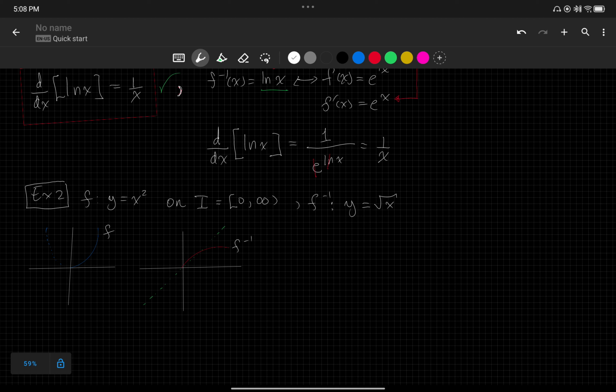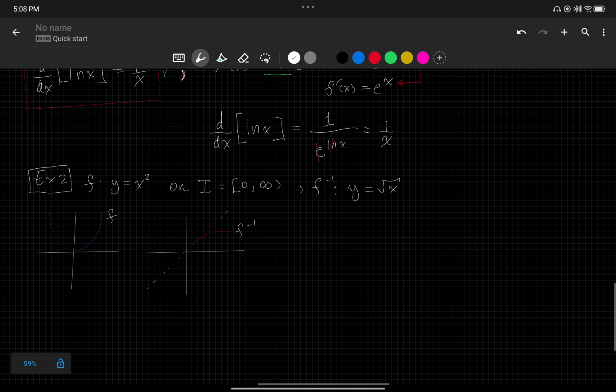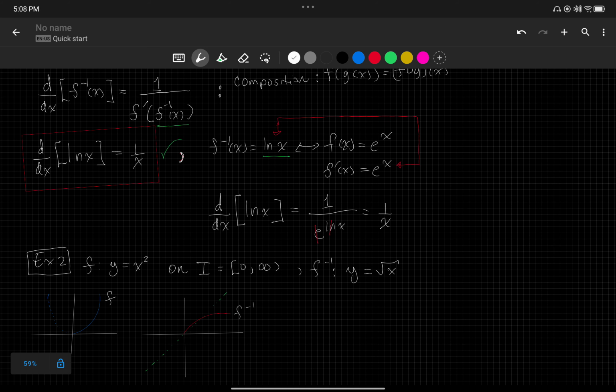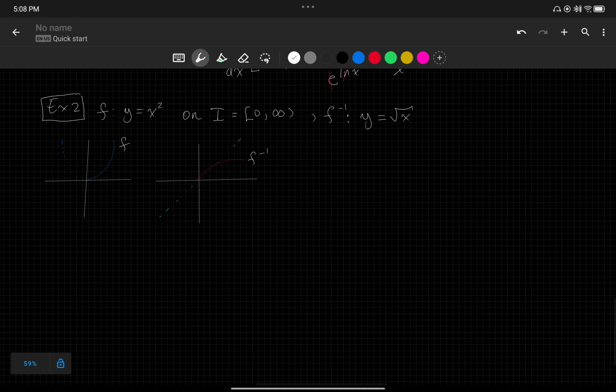So we're gonna take the derivative and we're gonna need the derivative of the original function, and then we're gonna do composition. So all of these things we're gonna use because it goes back into our new formula for derivative. So I guess I'll put it over here.